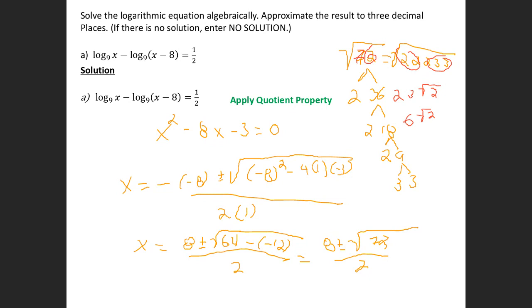Again, if we're giving the exact answer on this one, we would leave 8 plus or minus, what are we, 6 square roots of 2 over 2, okay, but we want to simplify this even further, so this could simplify to 4 plus or minus 3 square roots of 2.